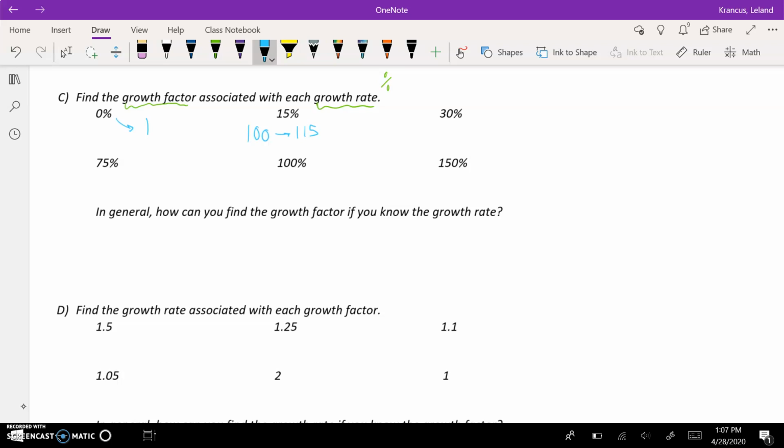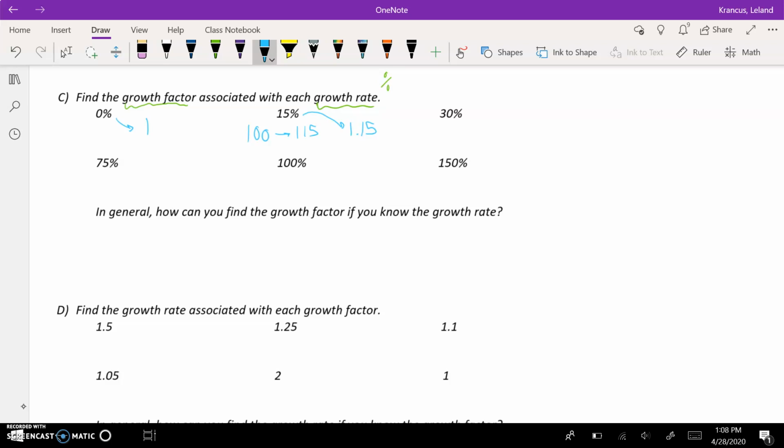You'd multiply it by 1.15. And you could get that just by dividing 115 by 100. Remember, that's like dividing a y value by its previous y value. 115 divided by 100 gives you 1.15. And as you go through these, you'll start to notice a pattern relating a growth factor and a growth rate, which is what the last question asks about.